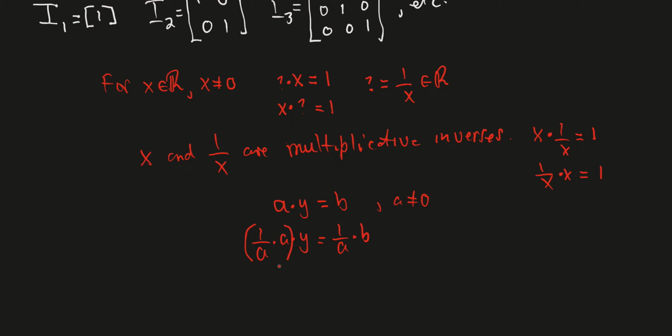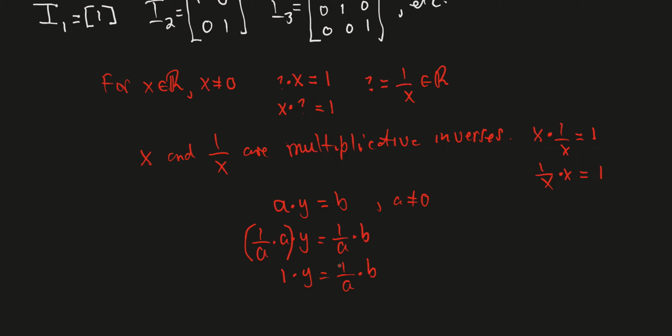And again, I'm gaining a greater dislike for the word cancel because it's used with reckless abandon, right? But this becomes a 1, and then this is still y, and over here we still have the reciprocal, 1 over a times b, so it's like this.